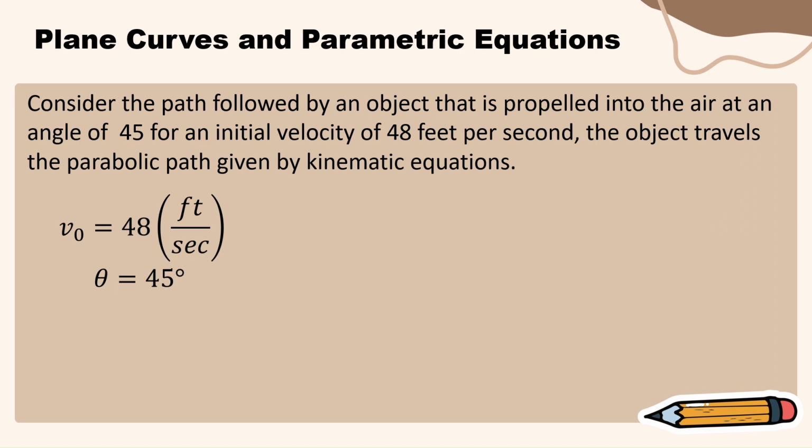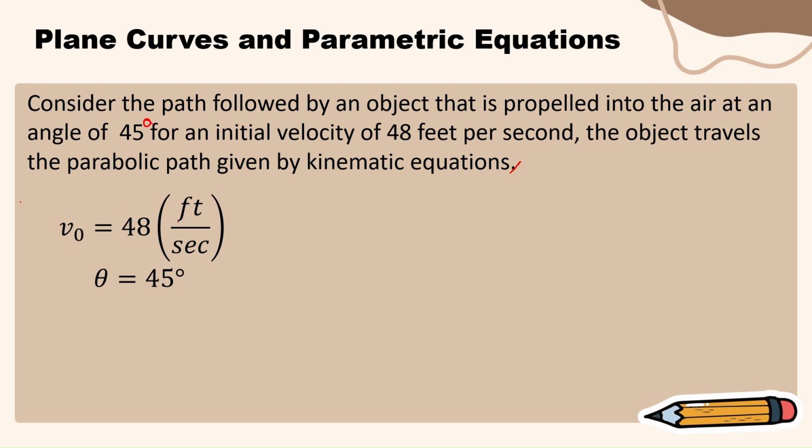Consider the path of an object that is propelled into the air at an angle of 45 degrees with an initial velocity of 48 feet per second. The object travels the parabolic path given by the kinematic equation. So as mentioned, yung magiging movement nito follows the kinematic equation. So we will make use of the kinematic equations that were given earlier.